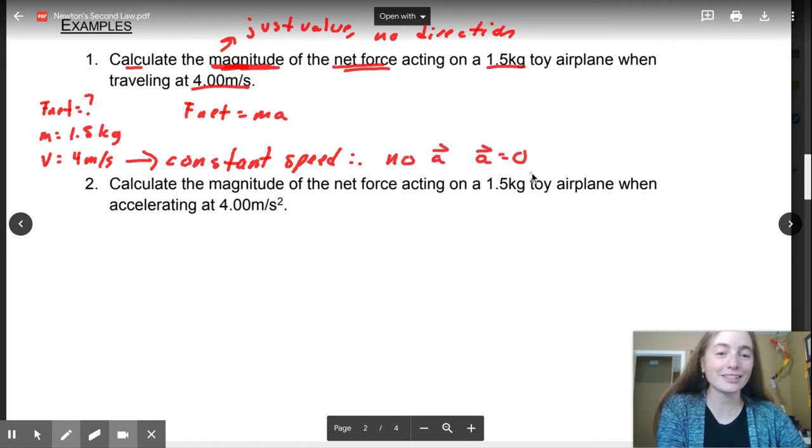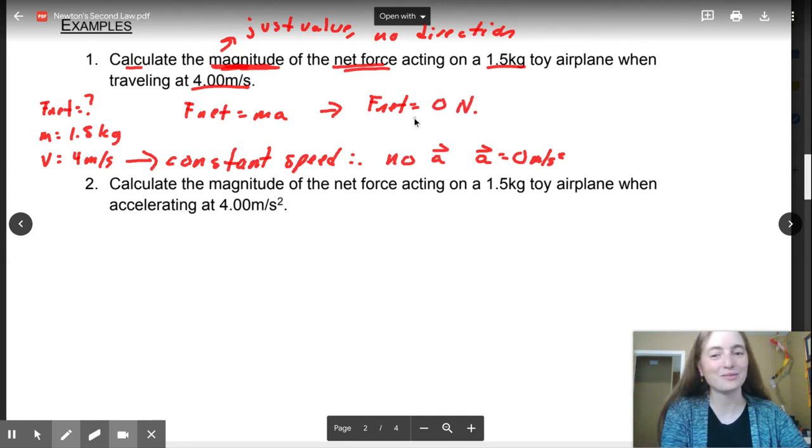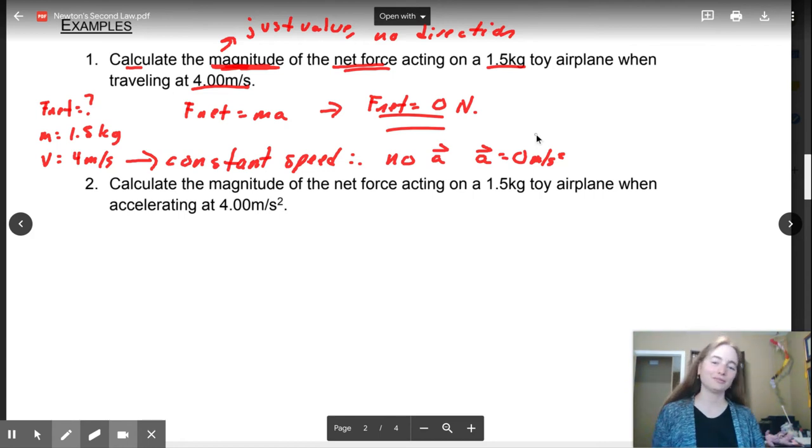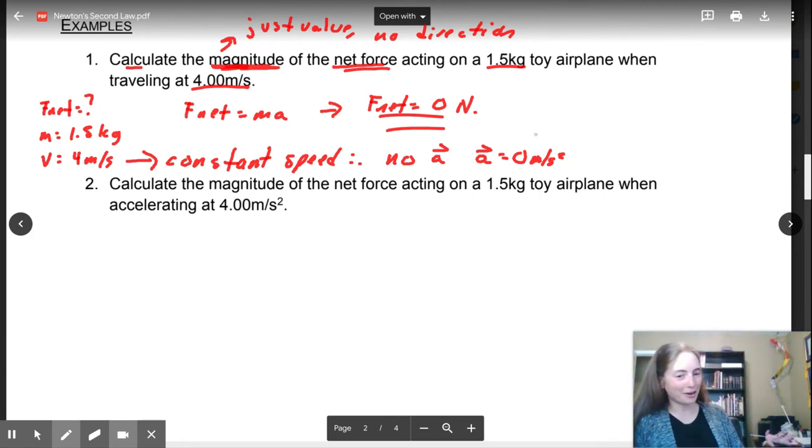Acceleration is going to equal 0 meters per second squared. If acceleration is equal to 0 meters per second squared, what's our F net? 0. So, there we go. F net is 0 newtons because the airplane is not accelerating.